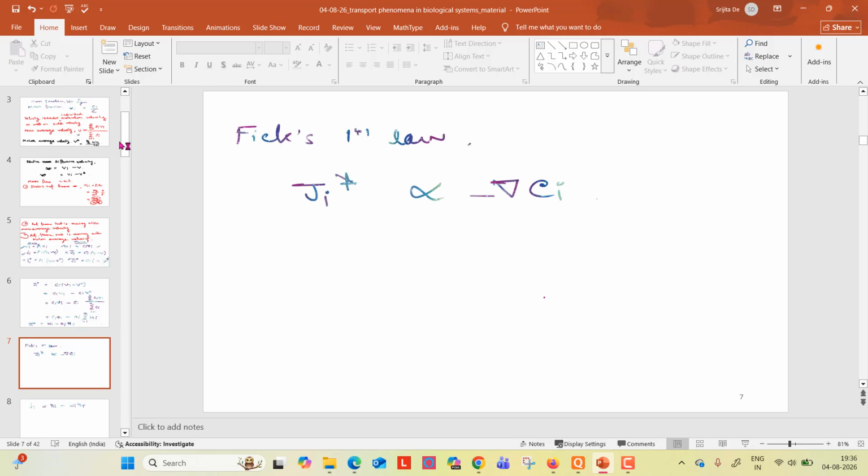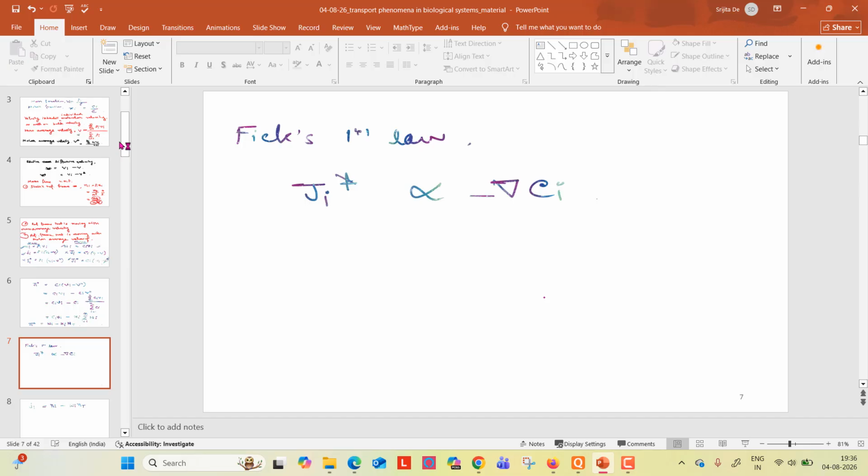A similar example we can give: there is a glass of water, and we are mixing in ink, right? That blue ink, initially it was at one point, and still you can see that the whole glass of water is becoming blue.